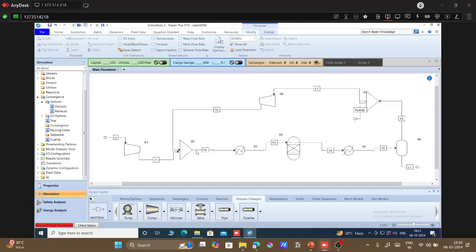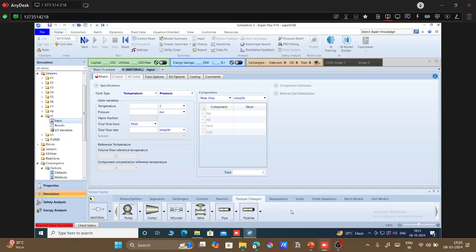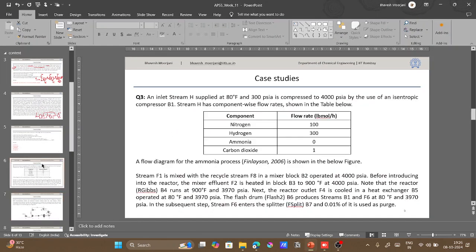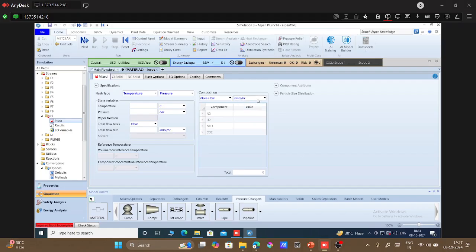Now let's go and provide the details of all of them. So first, feed H. For that we have information that the feed is coming at a flow rate of 100, 300 and 1 pound mole per hour of nitrogen, hydrogen and CO2 respectively. So for molar flow rate, select pound mole per hour.